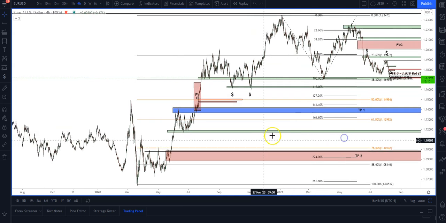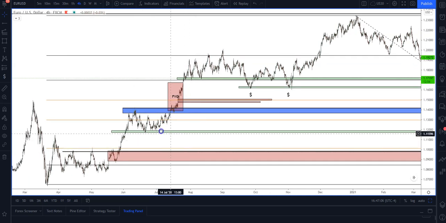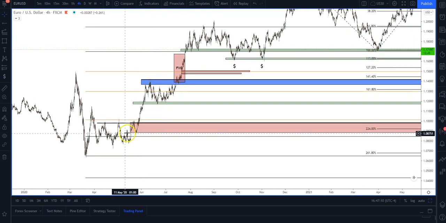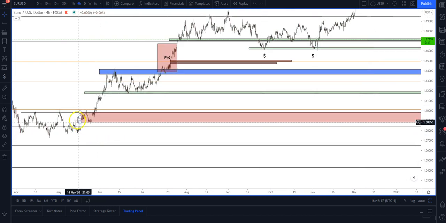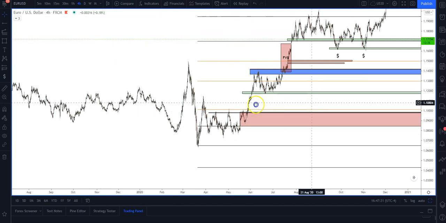The reason why I select this zone specifically and not just here, which it can still be here, but my specific target is here, is because not only is there a fair value gap there, the top of the order block is actually right here. So this whole zone right here is confluence.